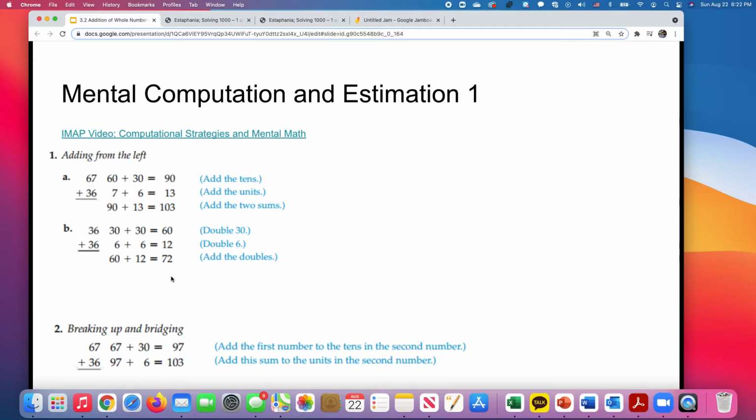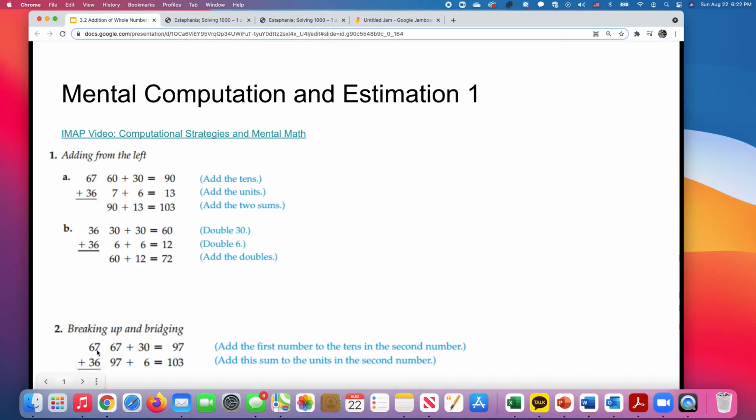If you have a number and you are breaking that apart, it's decomposing, and if you are putting those numbers together, it's composing. You can extend this composing and decomposing later in algebra too. So it's a good practice for you, and your students can do it. Breaking up is decomposing, bridging is composing.